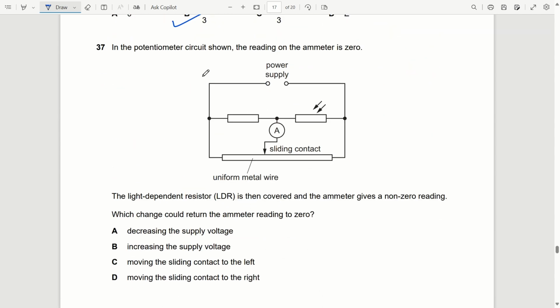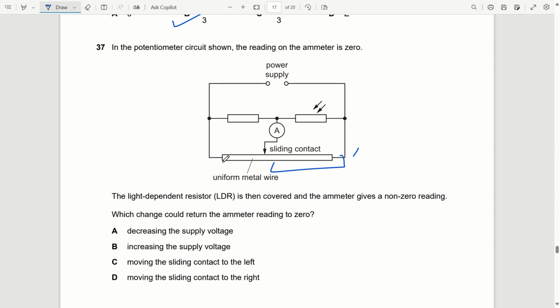37. In the potentiometer circuit, the reading on the ammeter is 0. LDR is then covered and the ammeter gives a non-zero reading. Which change could return the ammeter reading to 0? Now when LDR is covered, the ammeter gives a non-zero reading. So what does that mean? If LDR is covered, this means current is lowered here. So when the current is lowered, the potential drop is decreasing in this region.